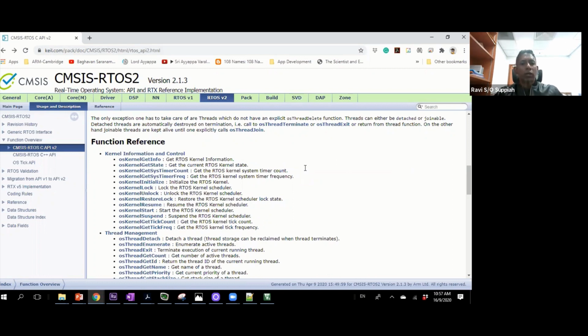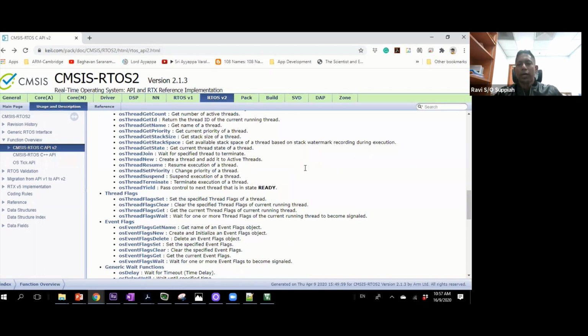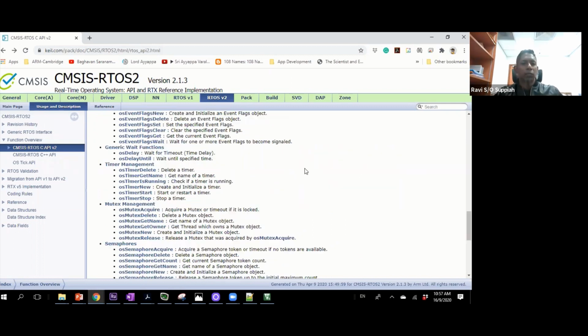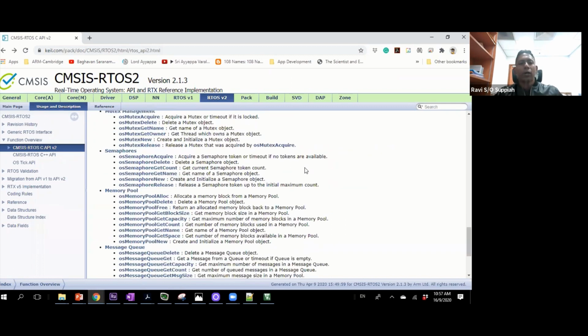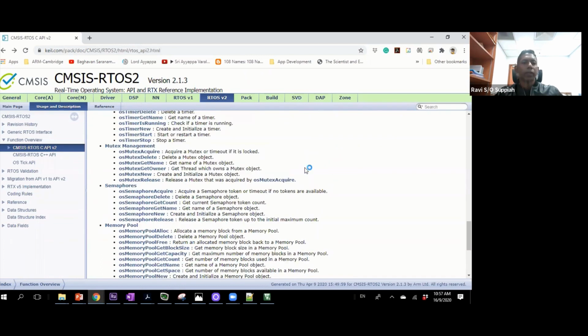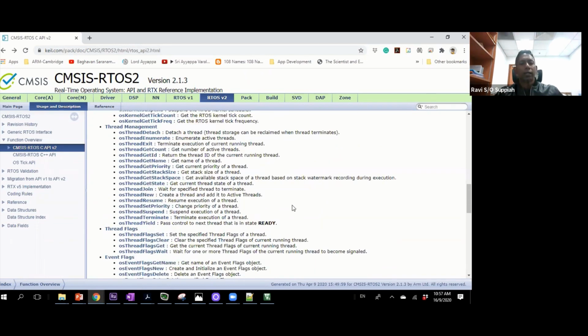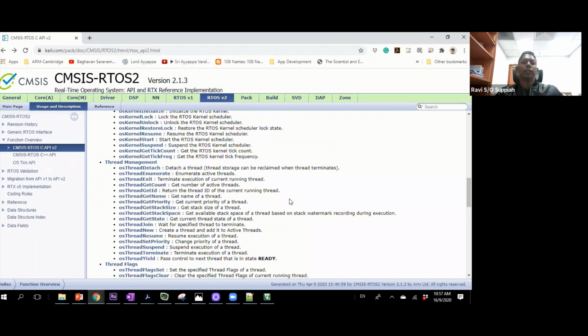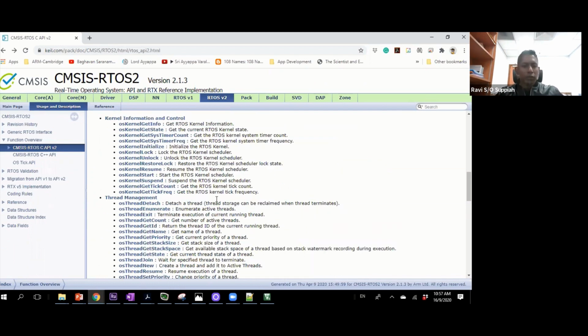All the RTOS calls that we are going to deal with are explained here in detail. For the code that is given in the tutorial, you can refer to these initial examples here.